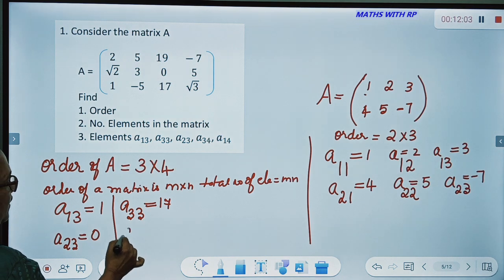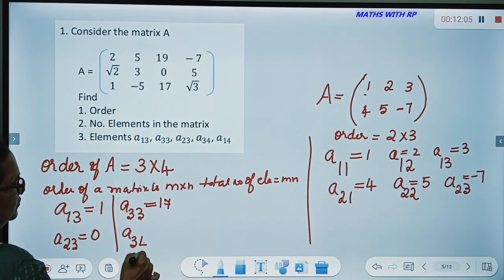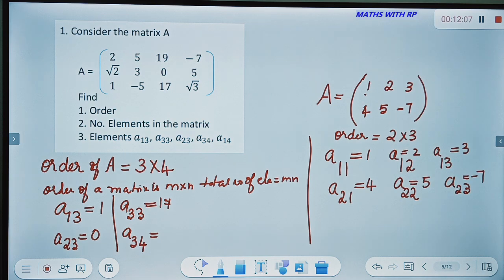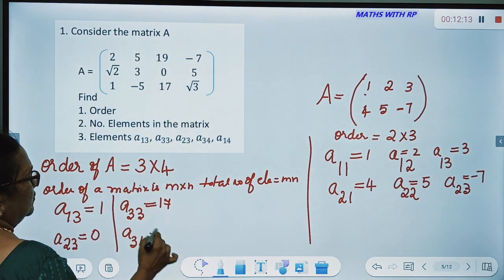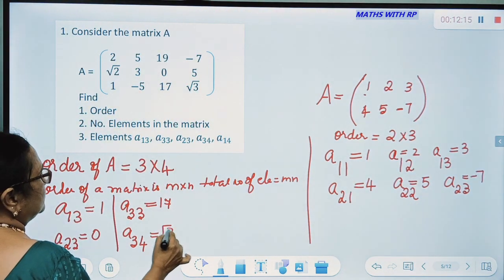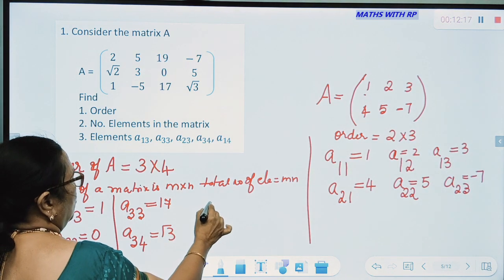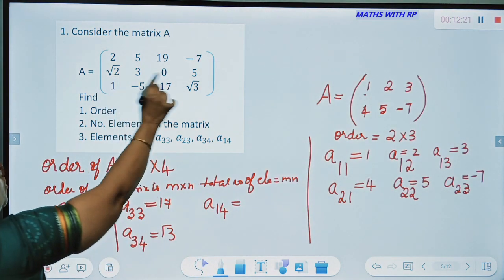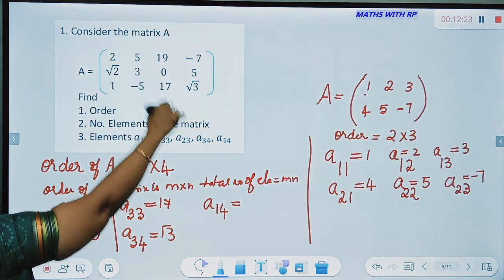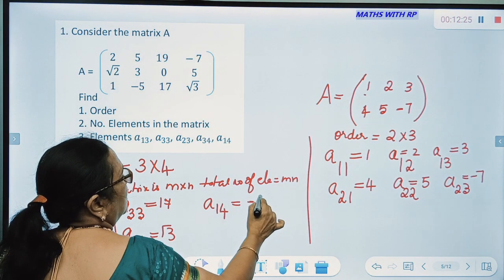Then what is A34? Okay, A34 will be the element in the third row, fourth column, root 3. What is A14? First row, fourth column, minus 7.